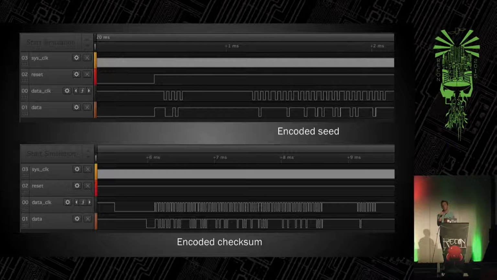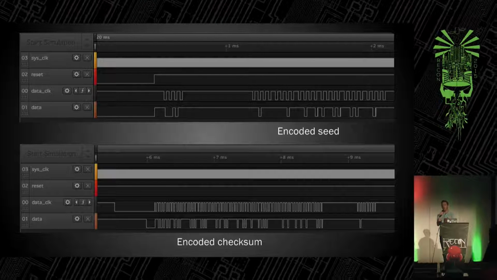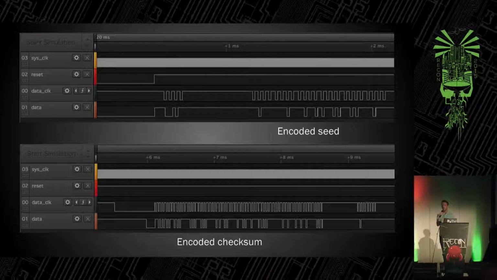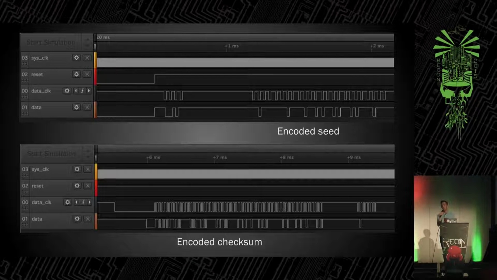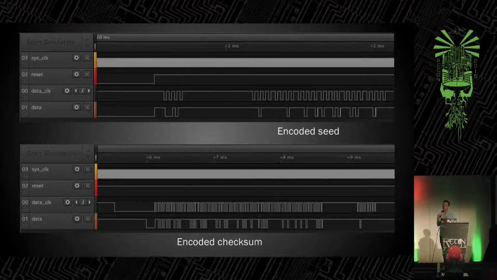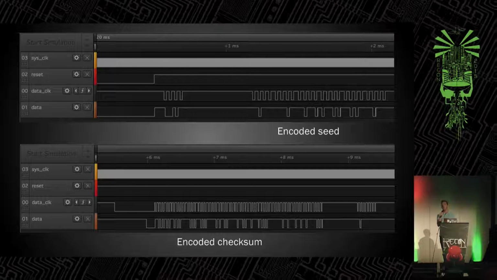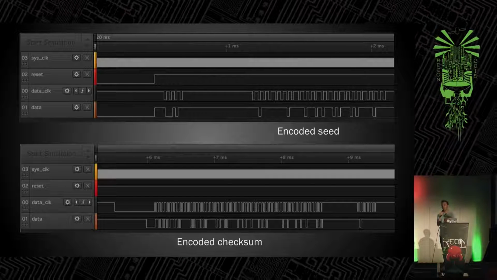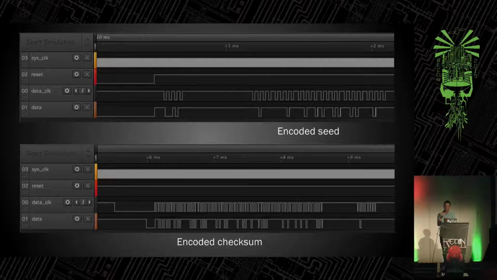So it seemed to be just sort of a general purpose instruction used to do a chip-specific function. And in this case, we had no idea what this chip-specific function was. However, we could definitely tell, looking at the code, that it was related to this encoded seed and this encoded checksum. It was loading some data from somewhere, and then that data ended up in memory, then this encoding process happened, and the data got sent over the wire.